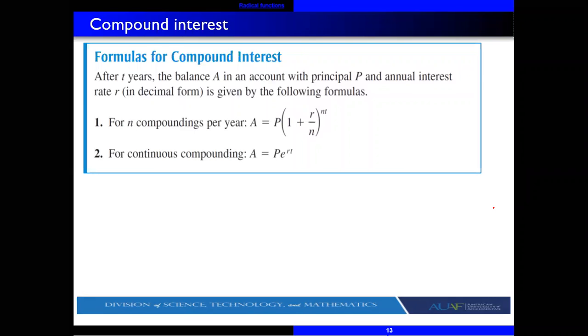Same, we have another application of the exponential function, compound interest. Who will tell me about the interest? Simple interest and compound interest. What is simple and compound interest? Any idea about interest if you have business students? Two types.